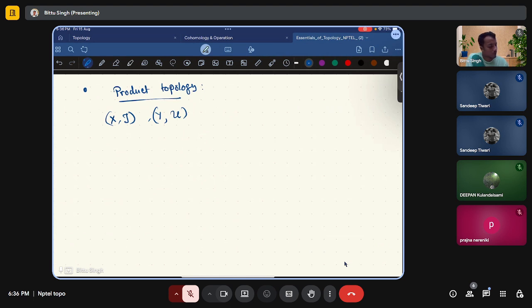So we already know about the Cartesian product, right? X cross Y is the set formed by pairs (x, y) such that x belongs to X, y belongs to Y. This is a set. This is also called Cartesian product.